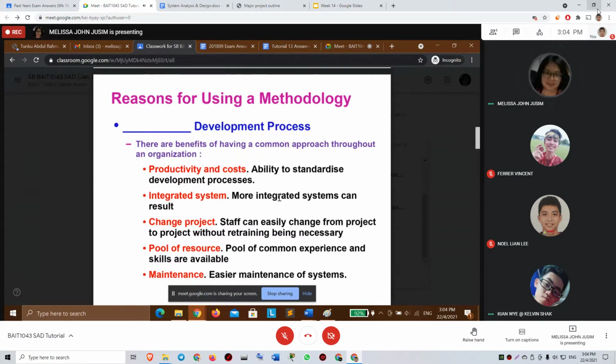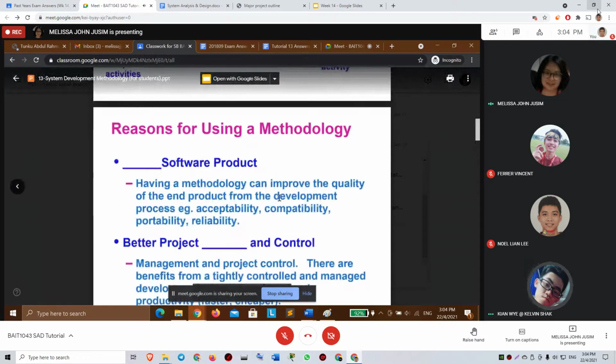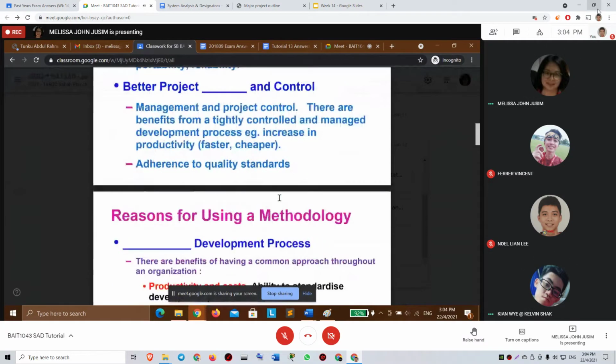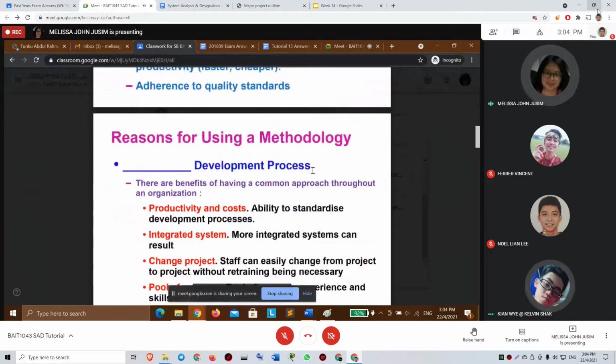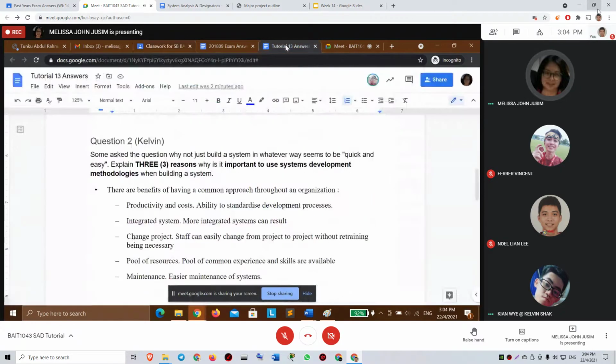This one. Reasons for using a methodology. Oh yeah. You took it from here, right? Yeah. This one is under better development process.